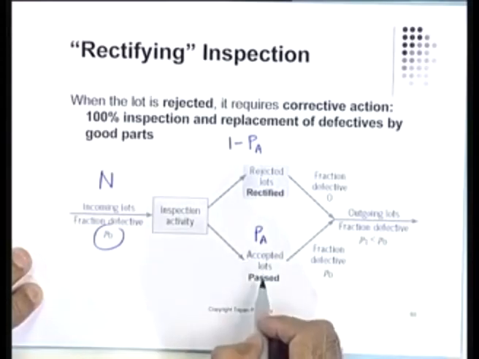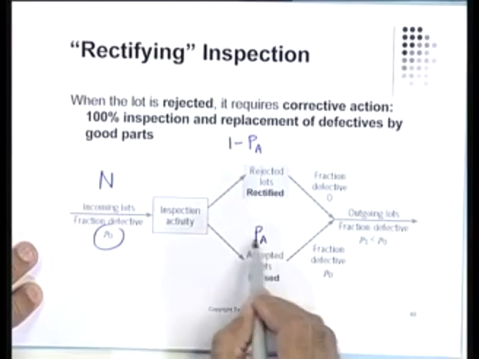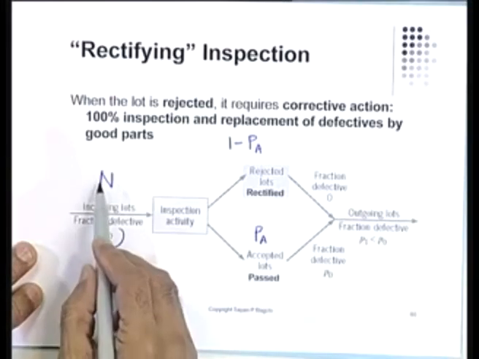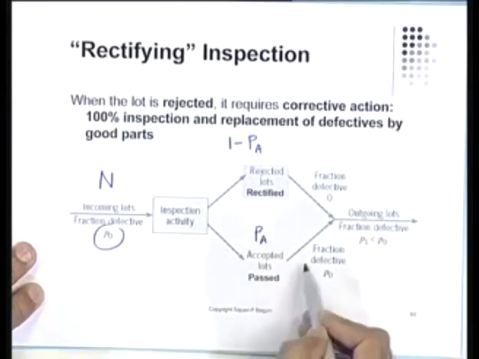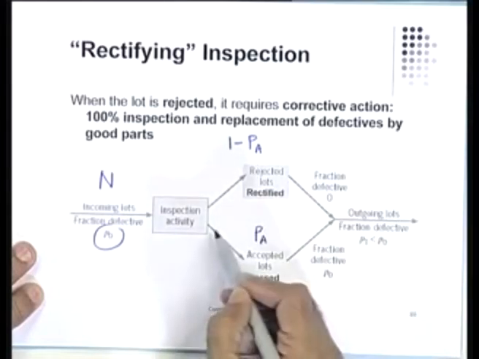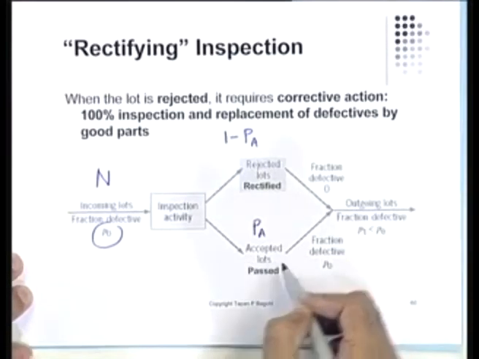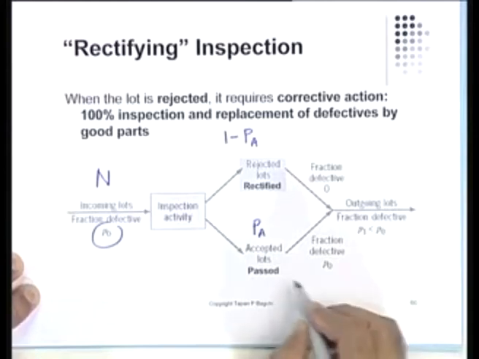How many items are here now? Let's take a look. Accepted lots, those are accepted at probability PA, and they are of quality P0, and the size is n. If you look at the number of items that come down this way, and if I actually work out the fraction of items which are defective in this stream, let's see how we work it out.